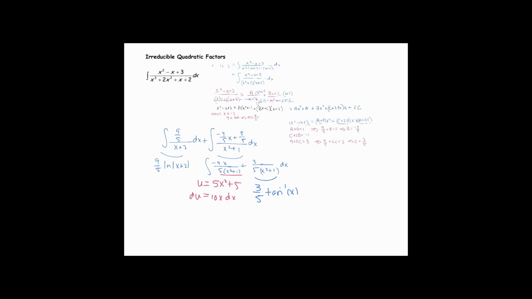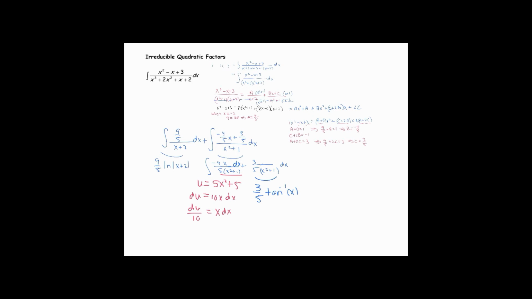Now we've got a -4x there instead of a 10x. So what we can do is we can call du over 10 the same as x dx. So then I'll just put in a dx there.